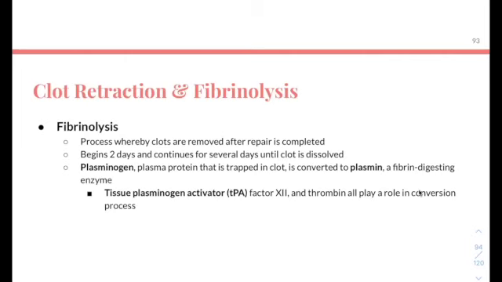So plasminogen, which is a plasma protein trapped in the clot, ends up being converted to plasmin, a fibrin-digesting enzyme. We also have tissue plasminogen activator, or factor 12, and thrombin all play a role in that conversion process.